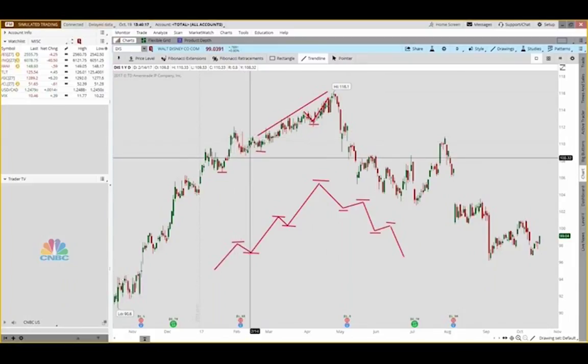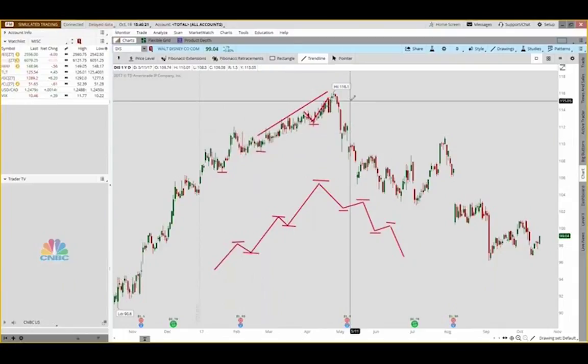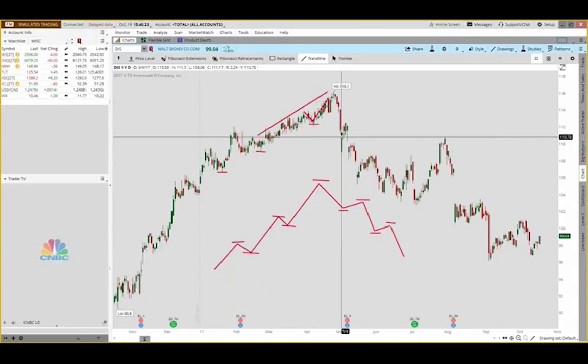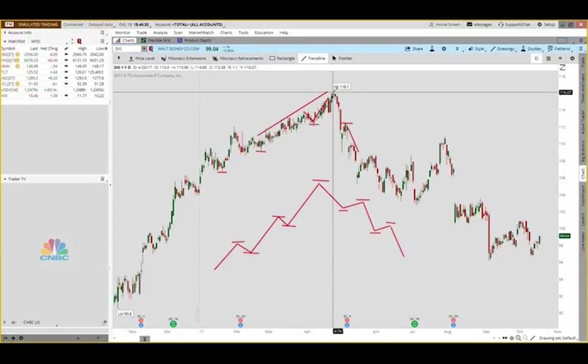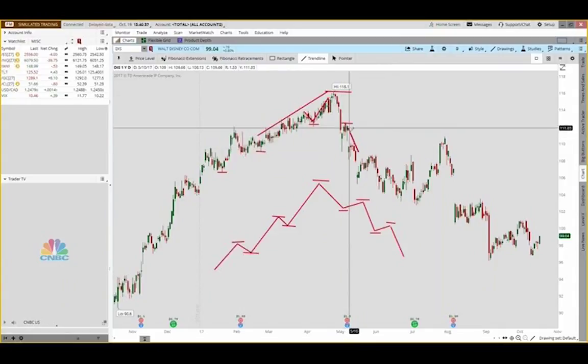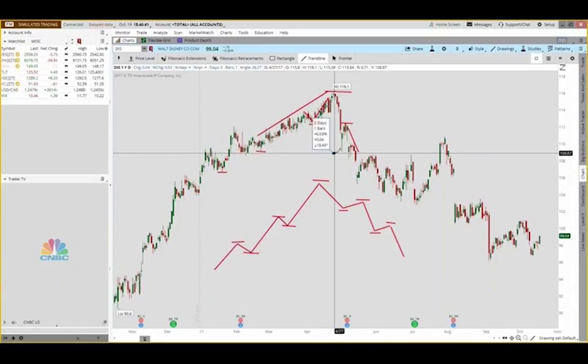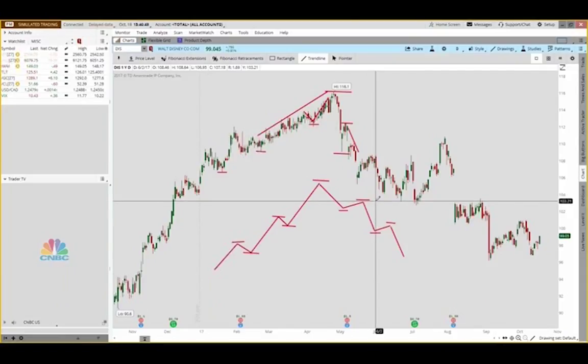On previous drops, it never breached the previous low. Here, it did. And then on the pullback, it put in a pivot high here when it turned, and this high is lower than this high. So now we have a lower low and a lower high. Now we know we've turned the corner.